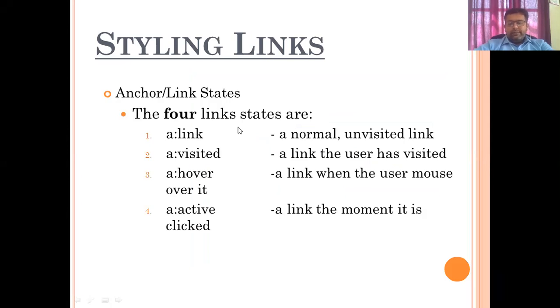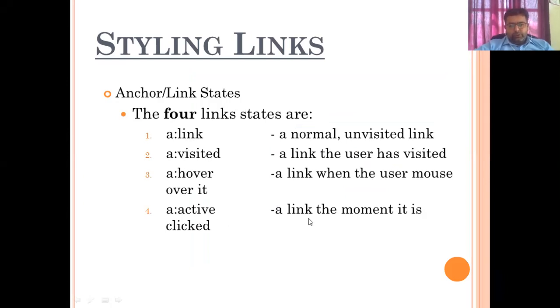So four link states are available. One is anchor tag colon link, which means a normal and unvisited link. Suppose we are writing anchor tag with visited, so a link that the user has visited. Then hover, so a link when the user mouses over it, whenever the cursor of the mouse goes on that particular hyperlink.